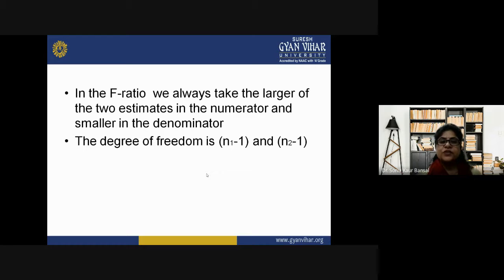In the F ratio, we always take the larger of the 2 estimates in the numerator and the smaller in the denominator. Okay, so this has to be remembered when you are applying the formula. You take the larger of the 2 estimates in the numerator, that is the upper side, and the denominator is on the lower side. So the degrees of freedom are N1 minus 1 and N2 minus 1.